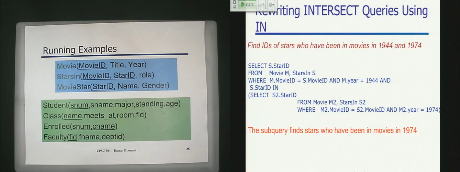And in my outer query, I'm saying I want those that were in a movie in 1944, and also in my second query. So if you want to implement intersection using nested queries, I can put one of my tables inside my inner query, the other one in the outer query, and then I want those from the outer query that are inside the inner query.